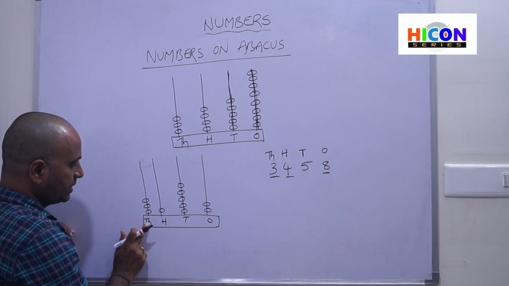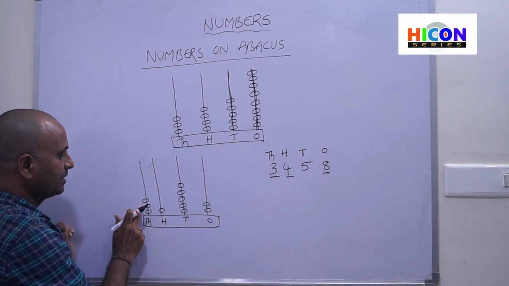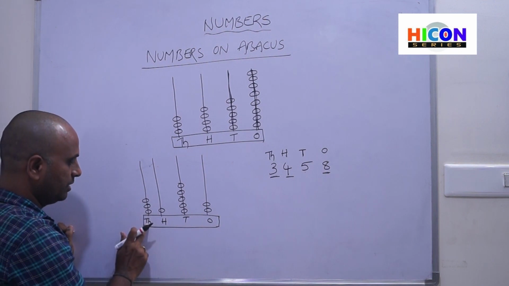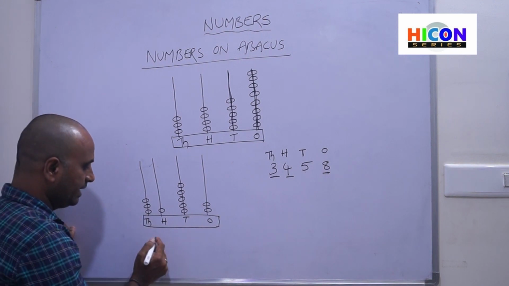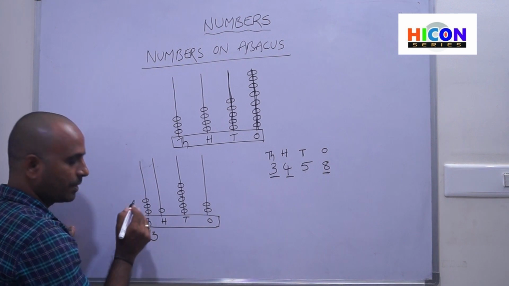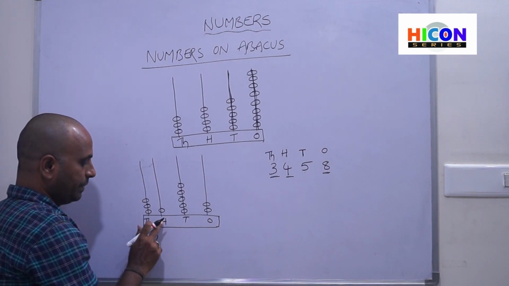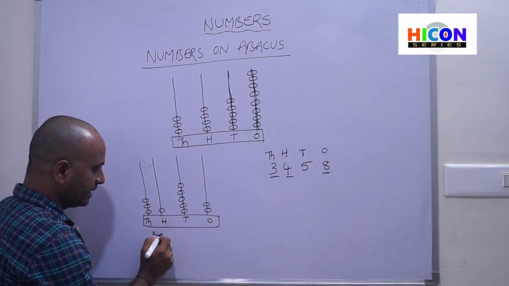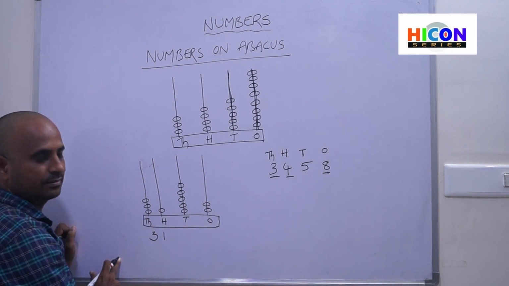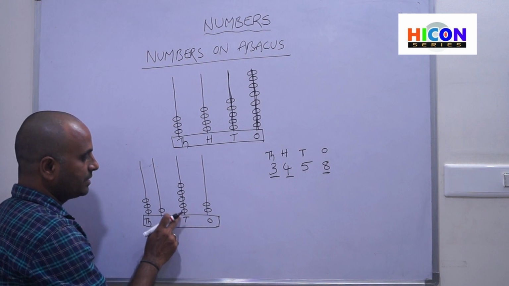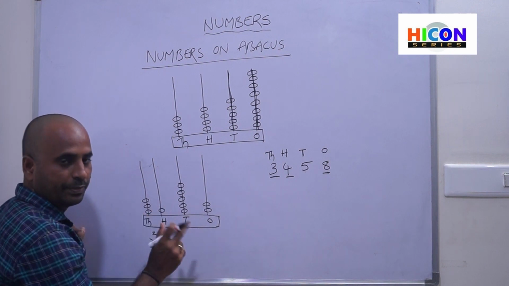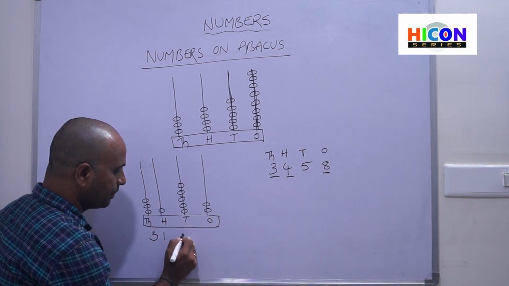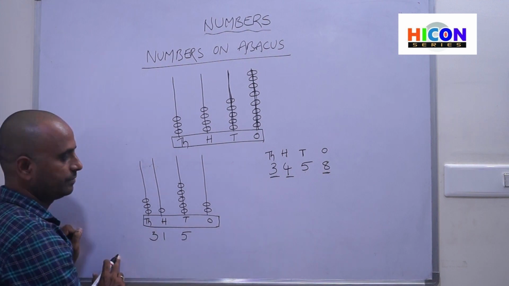The thousands place stick contains 3 beads, that means in thousands place there is the digit 3. The hundreds place stick contains 1 bead, that means 1 is present in hundreds place. The tens place stick contains 5 beads, that means 5 is present in tens place.